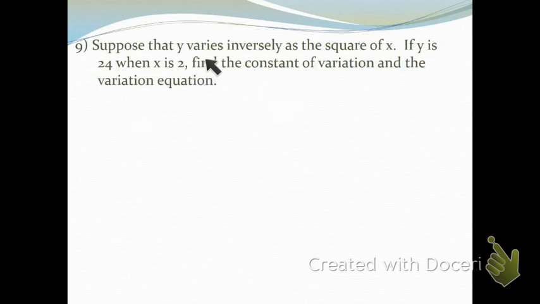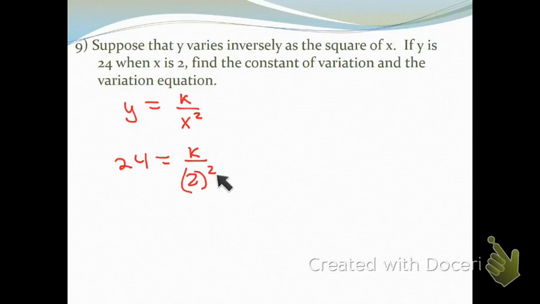Suppose that y varies inversely the square of x. Let's write that formula then. If y varies inversely, constant divided by the square of x, isn't that x squared? Not square root, the square of x. Okay? Then we solve. If y is 24 when x is 2, let's see, that would be 2 squared is 4.